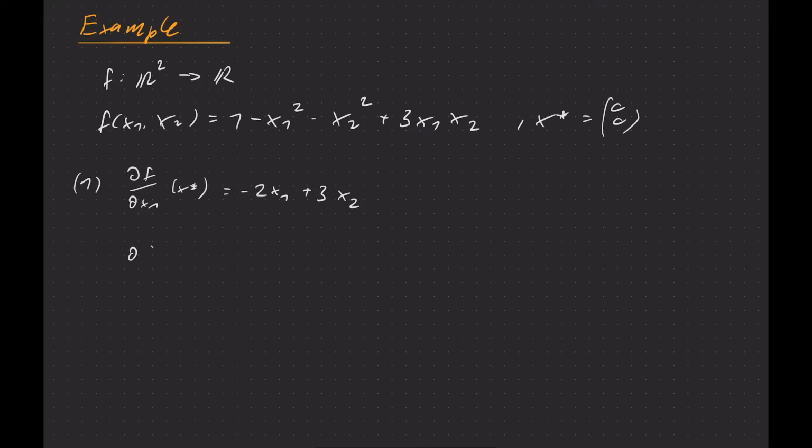And of course we can do the same thing with respect to x2. The result is then minus 2x2 plus 3x1. So now x2 is treated as the variable and x1 is treated as a constant.